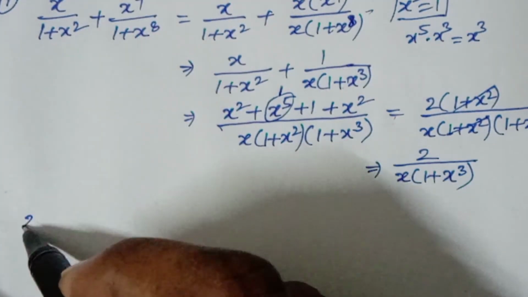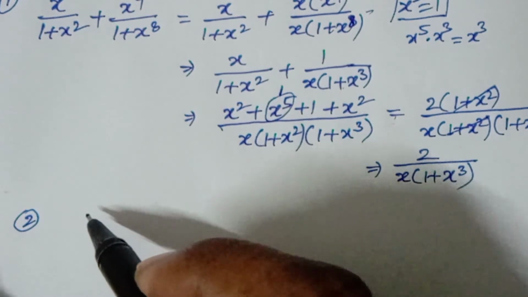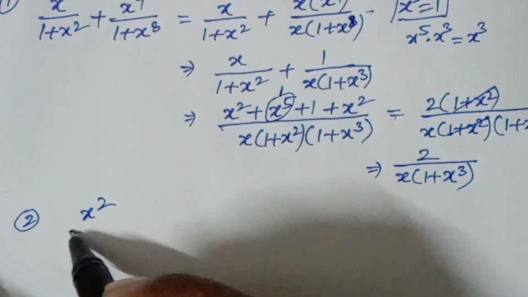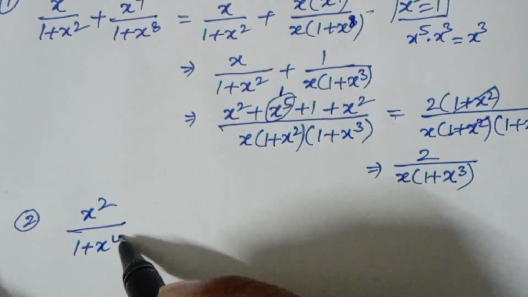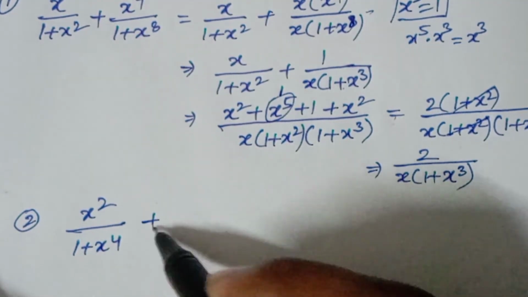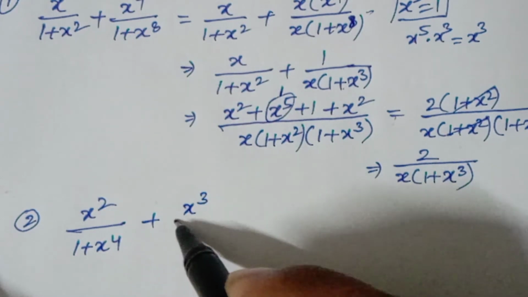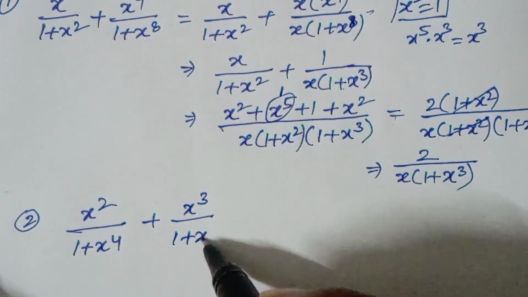Now you are finding the second one. What is the second one? x square by 1 plus x to the power of 4 plus x cube by 1 plus x to the power of 6.